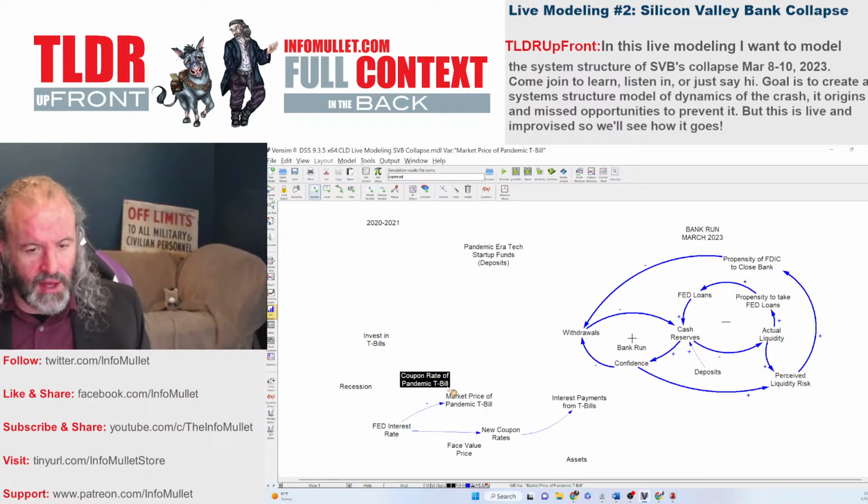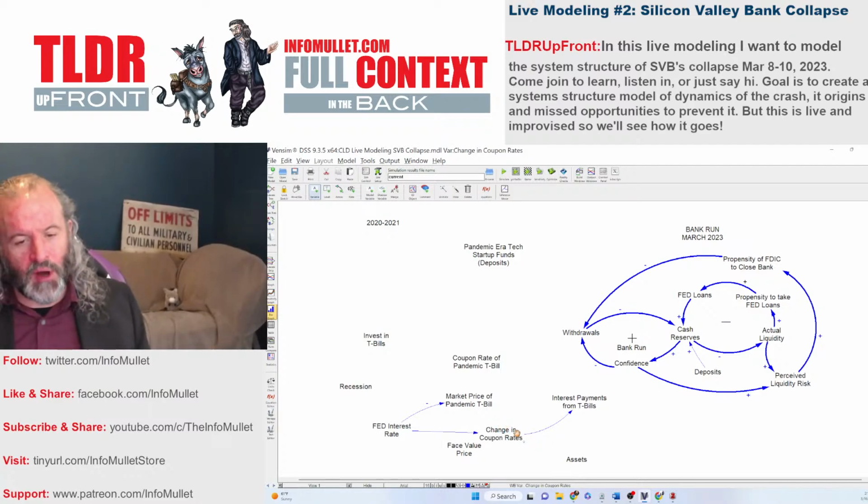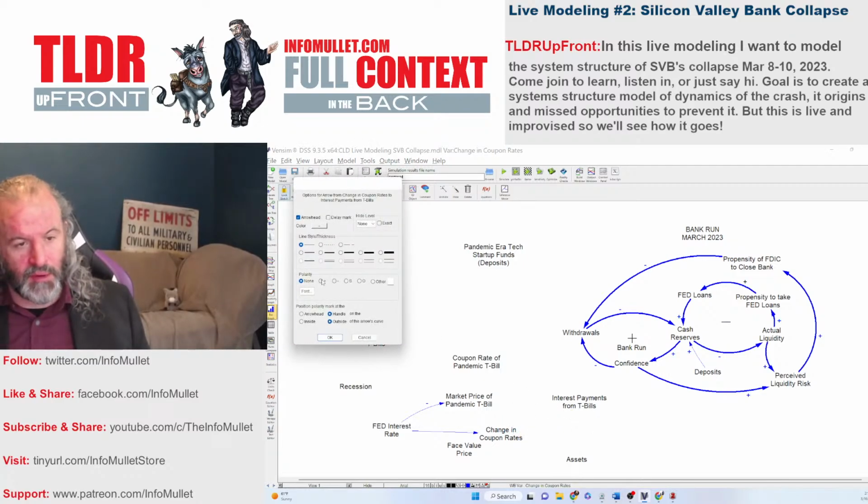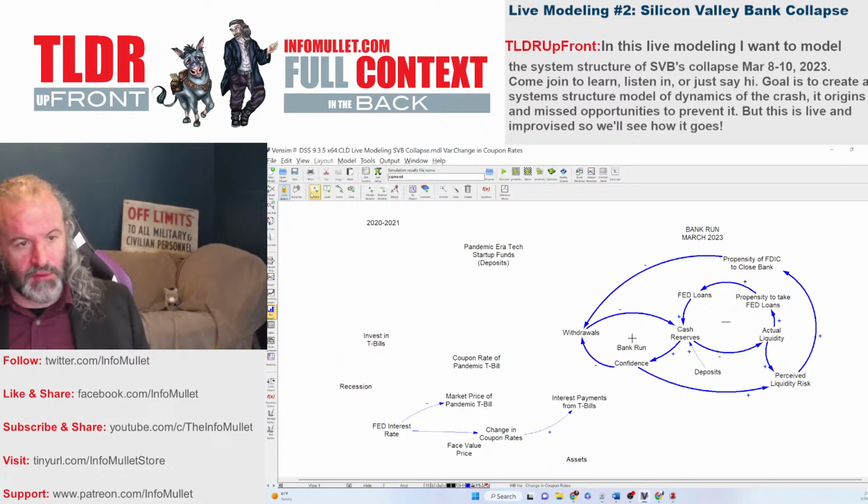And here's the thing, this is really change in coupon rate. As change in coupon rate goes up, interest payment from T-bills goes up. But that's from new T-bills, right?